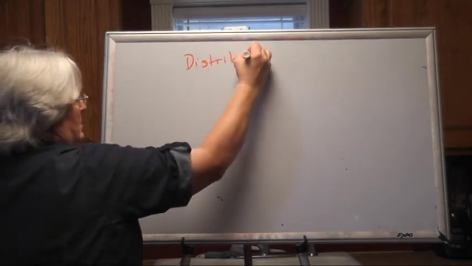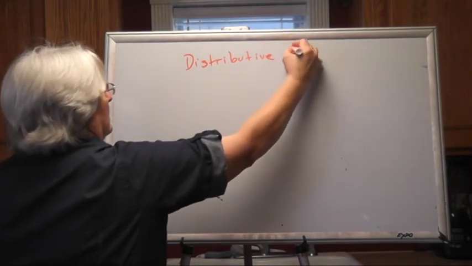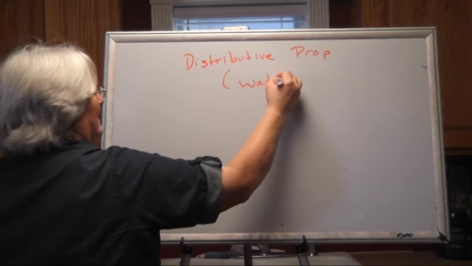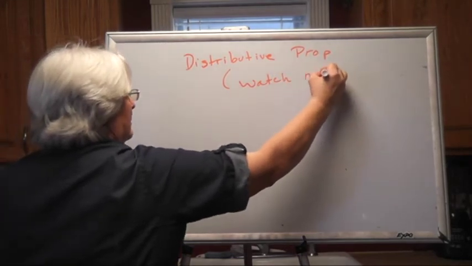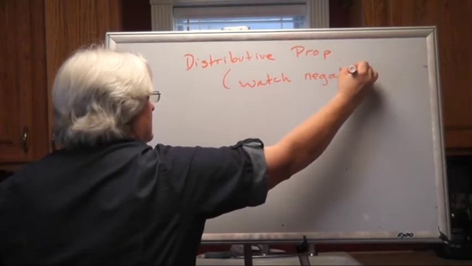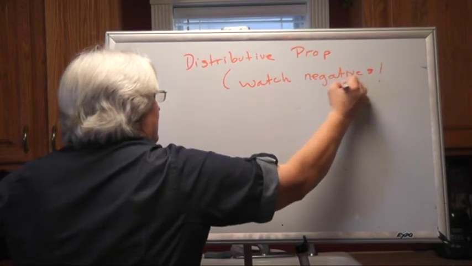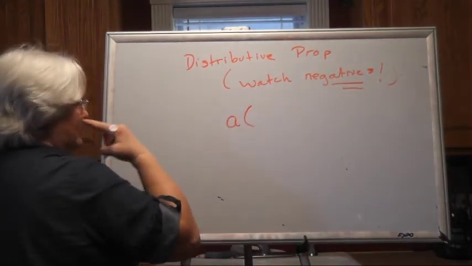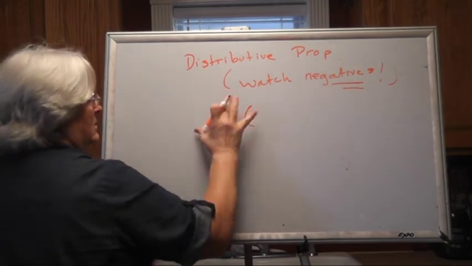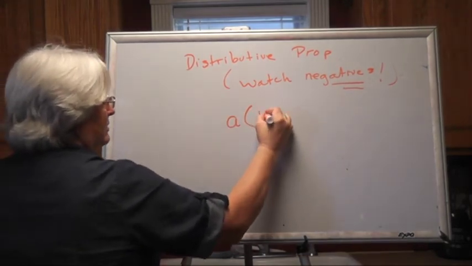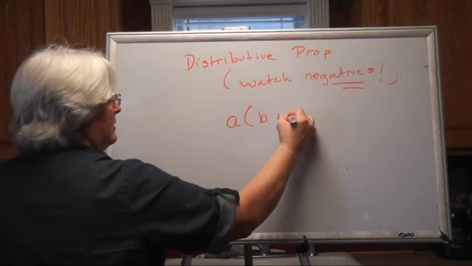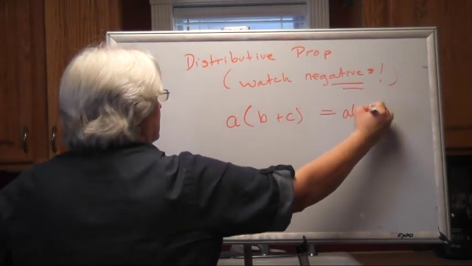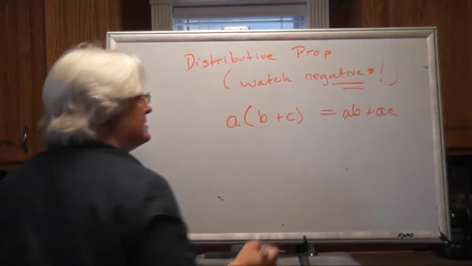And this is particularly a bugaboo when you're working with negative numbers, with negative signs. You'll remember that from last year. But this says if you are multiplying something against a sum, a times the quantity b plus c, that's equal to ab plus ac.